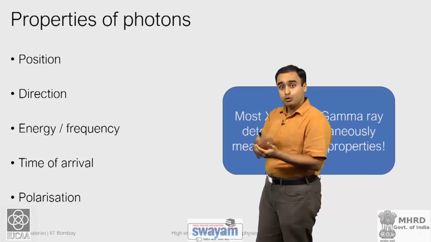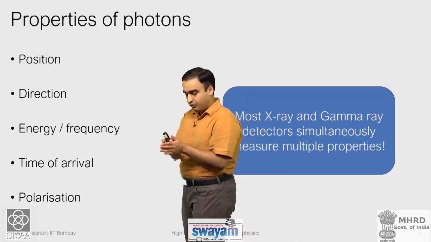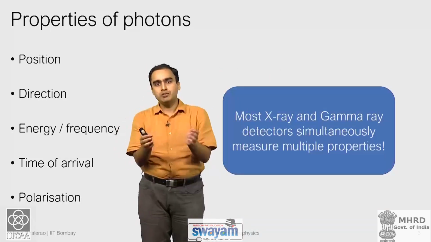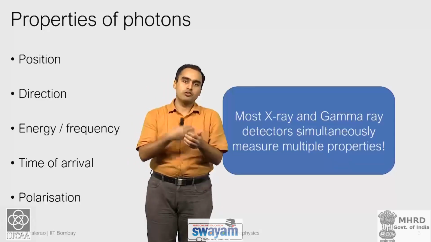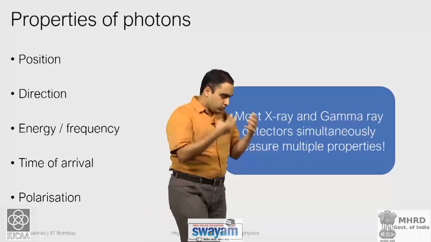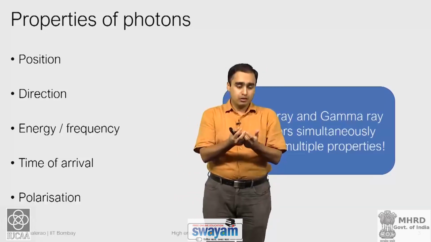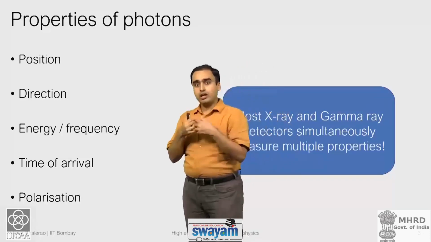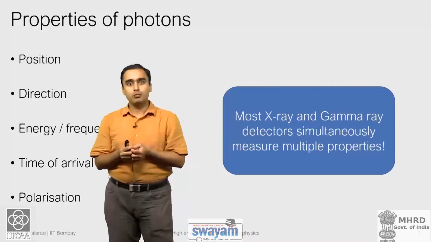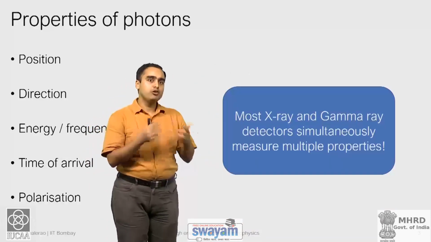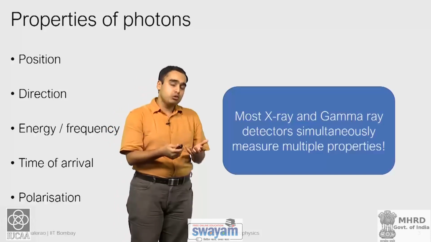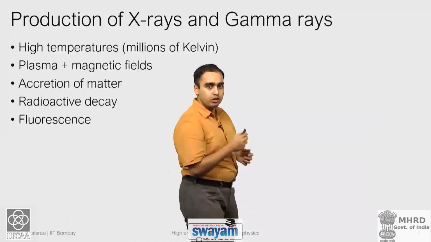It will not be telling you energies of individual photons, and within the exposure of your camera, it will not tell you what photon came first and what came later. So, high quality and high precision measurements of all of these properties simultaneously make a huge difference in what kind of science you can do with these X-ray and gamma ray detectors.